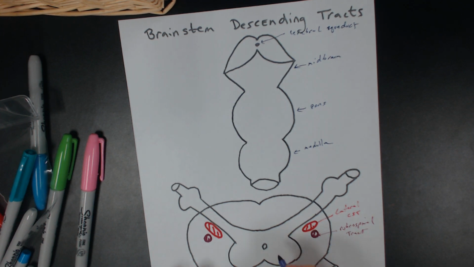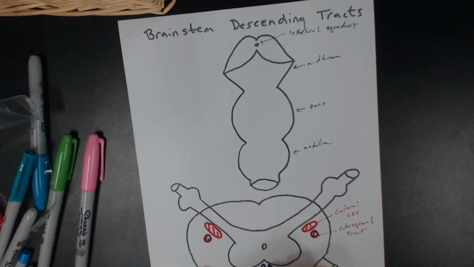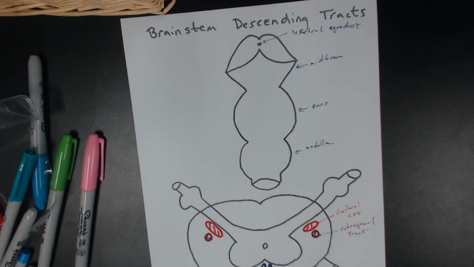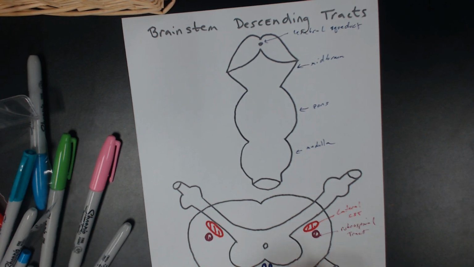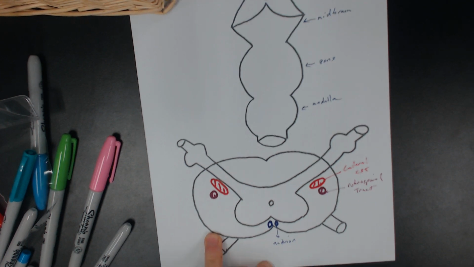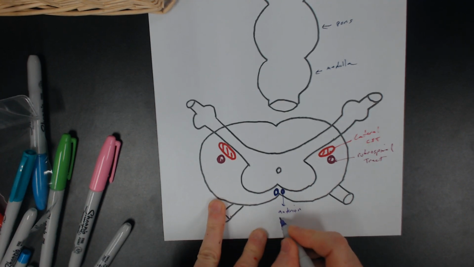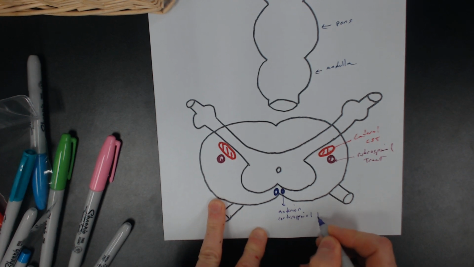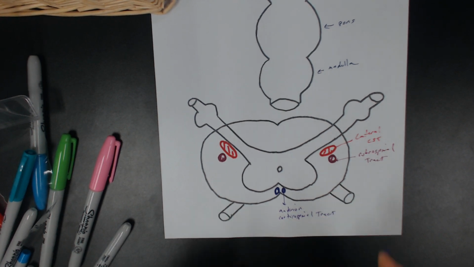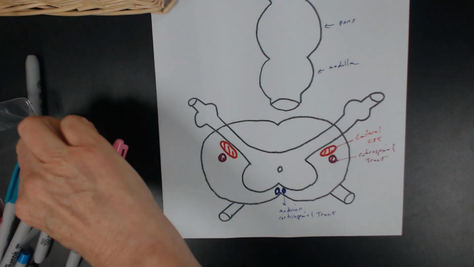Now you have your anterior corticospinal tract here. And then you also have a few others that we talked about before.